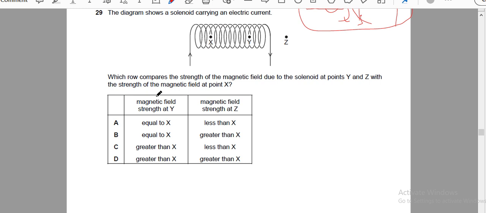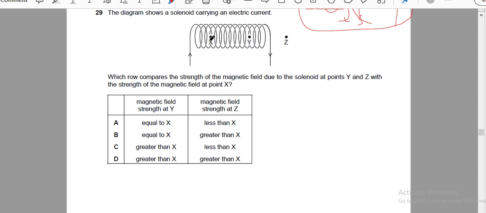Solenoid carrying electric current, which compares the strengths of field at y, z, and x. At y is it equal to x, and at z is it less than x.